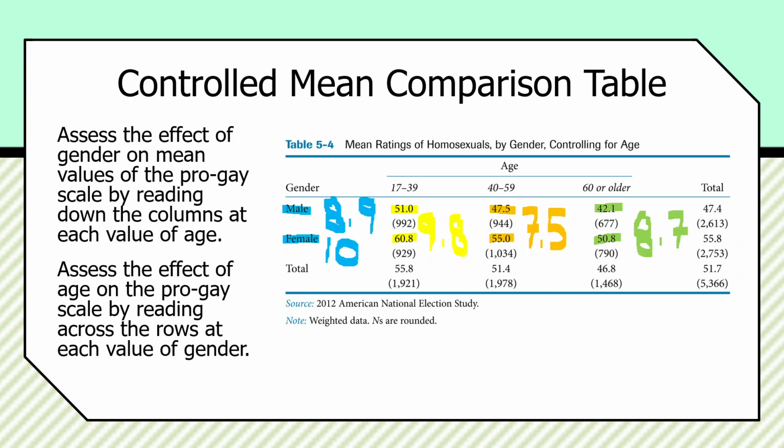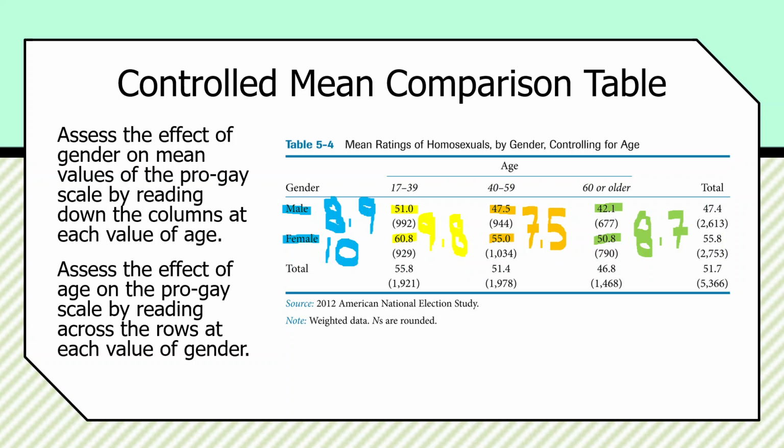The controlled effects of gender are quite similar across age groups: 9.8 degrees among the youngest, 7.5 for the middle cohort, and 8.7 among the oldest. So you could fairly condense or summarize these numbers into a single partial effect, and a good conservative estimate here, it strikes me, would be about 8. So yes, we've got a single partial.